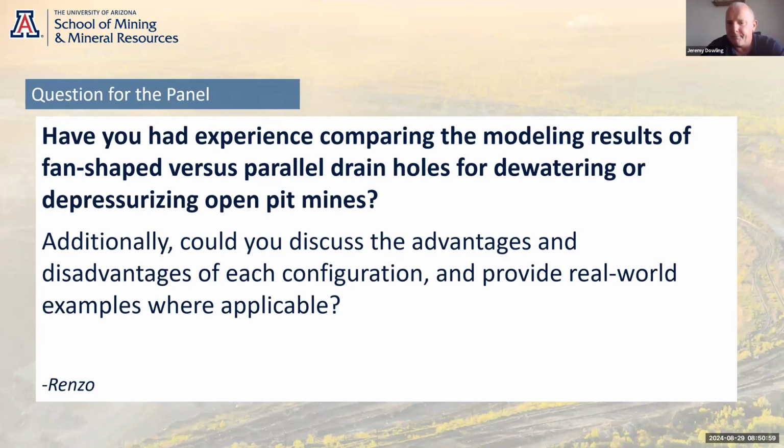Yeah, I think even if you drill a fan into the pit slope because you're constrained by real estate, it's a good idea to look at the orientation of the fabric, the smaller scale fabric in the rock, and also the larger structures too, and try and orient the fan so that all the drains are perpendicular to that fabric.